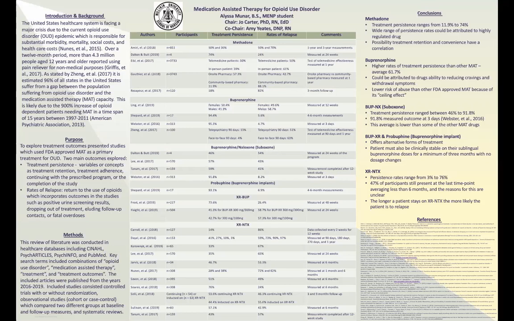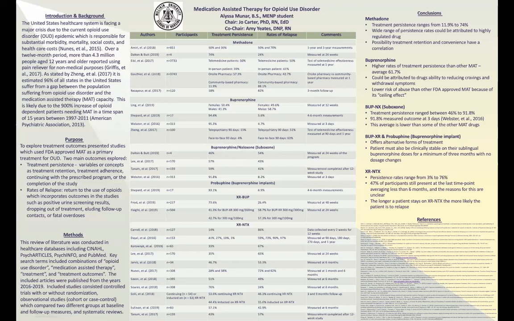They were called treatment persistence, which was defined throughout the process as variables or concepts such as treatment retention, treatment adherence, continuing with the prescribed program, or simply completion of the study. And rates of relapse was defined as the return to use of opioids, which incorporates outcomes in the study such as positive urine screening, dropping out of the treatment, failing to show up to follow-up appointments, or fatal overdoses.